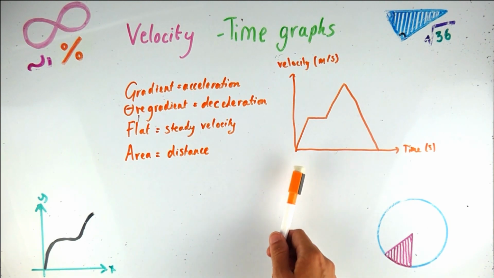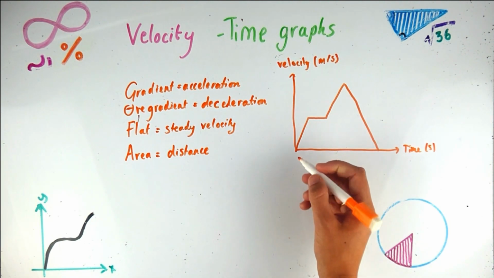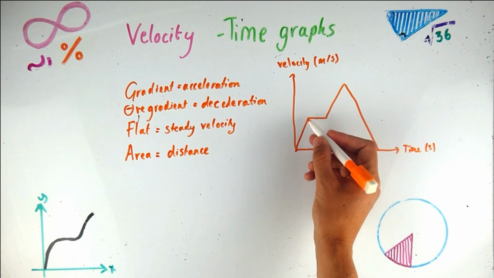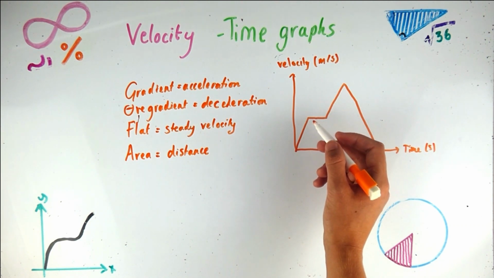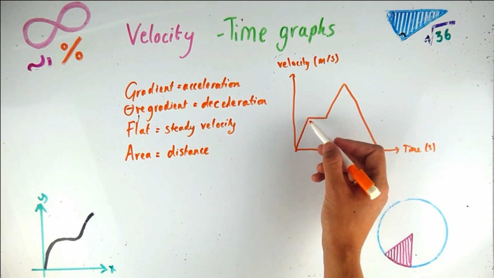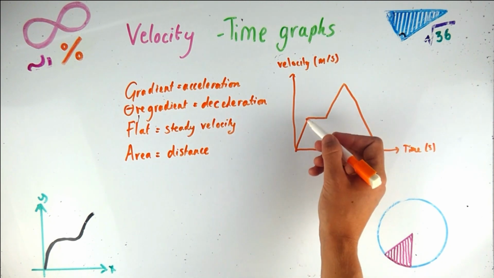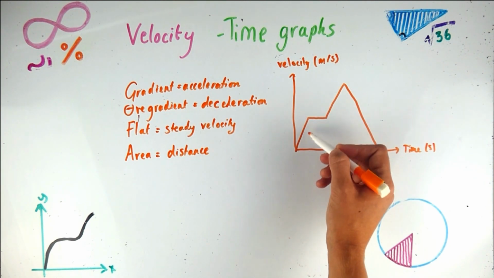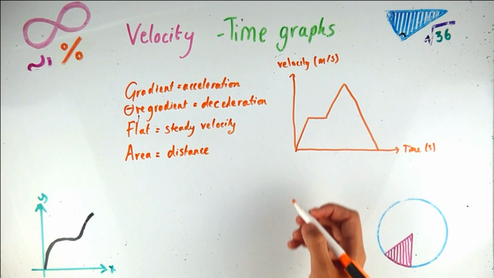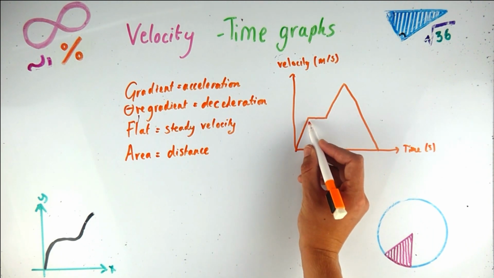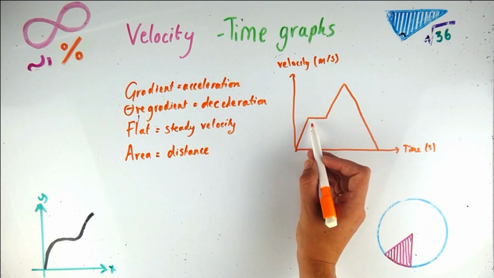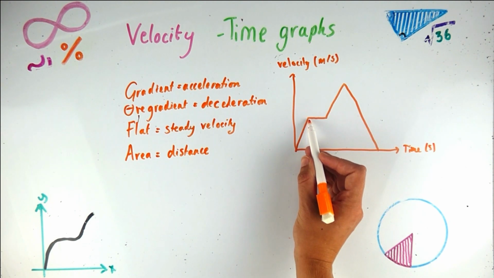So if we look over here at the velocity time graph, we can see that at the start, whatever has been moving is increasing in velocity, so it's accelerating. Say this is a car, the car's accelerating, then at the flat area here, it stops accelerating and just maintains a steady velocity.